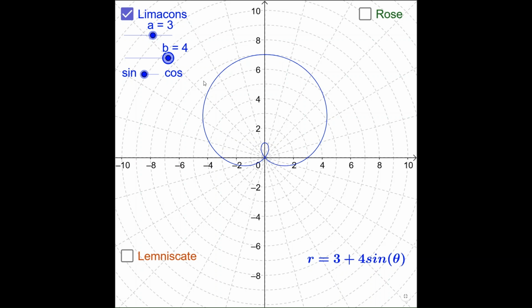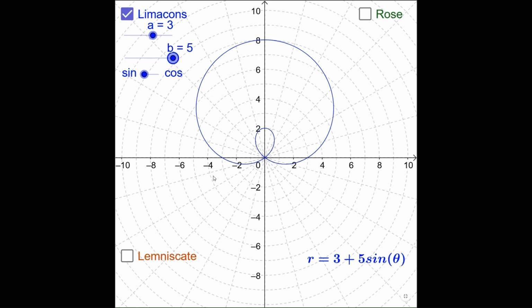So is that going to be true if we change our equation a little bit? So what if we have r equals 3 plus 5 sine theta? Okay, it still hits the x-axis at 3 on the circle of radius 3. Where does it hit the y-axis? Well, this time it's hitting the y-axis at 8, and the inner loop hits it at 2. Well, 5 plus 3 is 8, and that's where it hits it at the top of the outer loop. 5 minus 3 is 2, and that's where it hits it at the top of the inner loop.